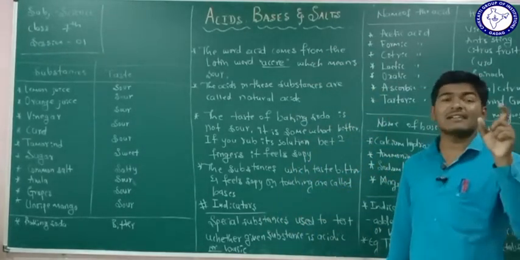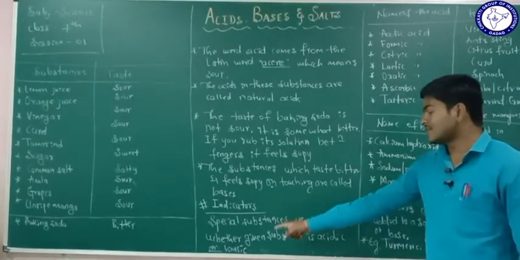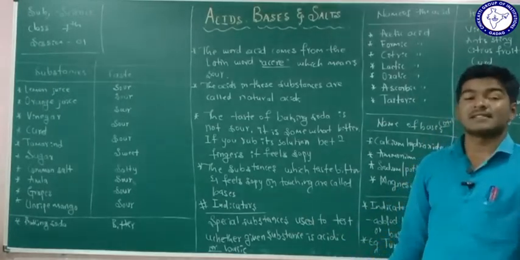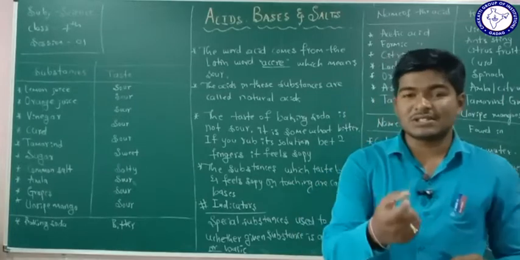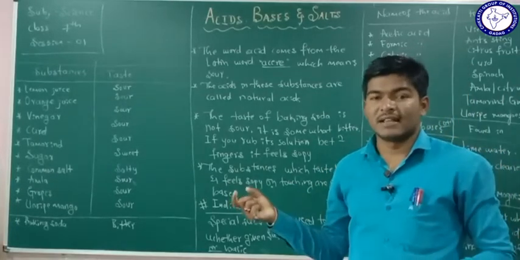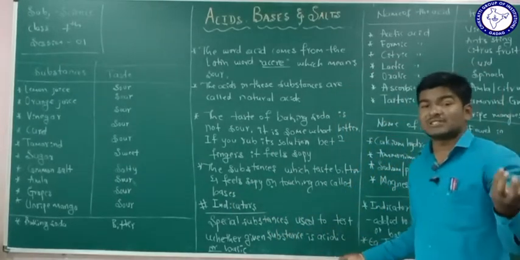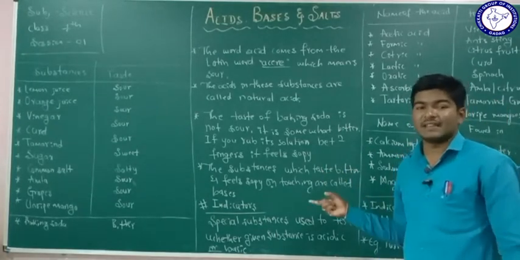Indicators are special substances used to test whether a given substance is acidic or basic. We are going to utilize these special substances to check whether the given substances are acidic in nature or basic in nature.